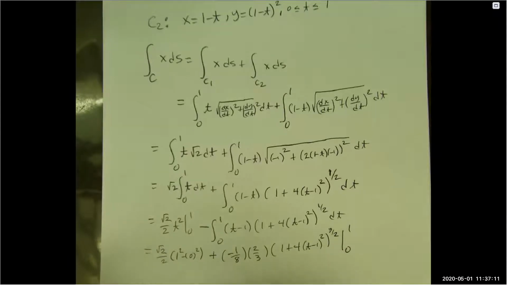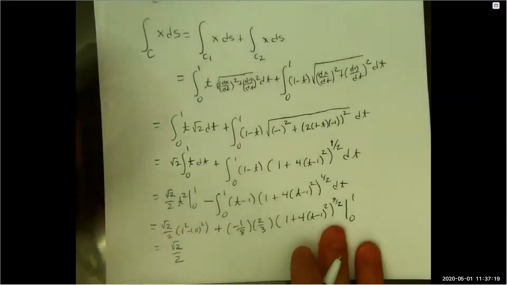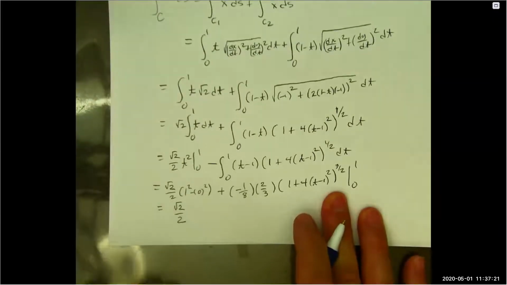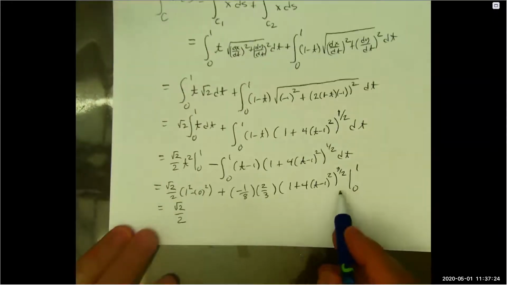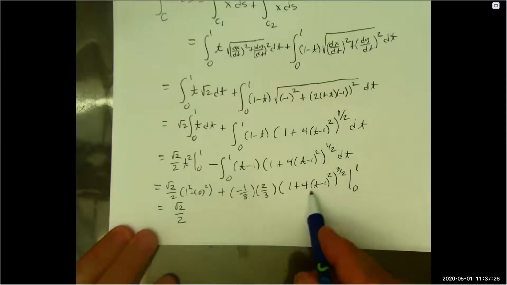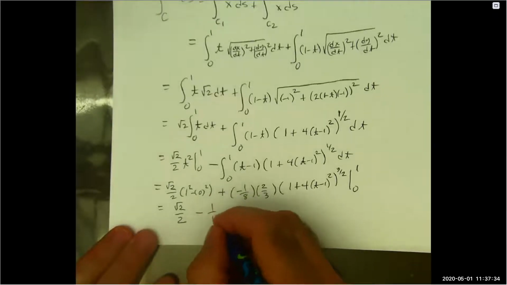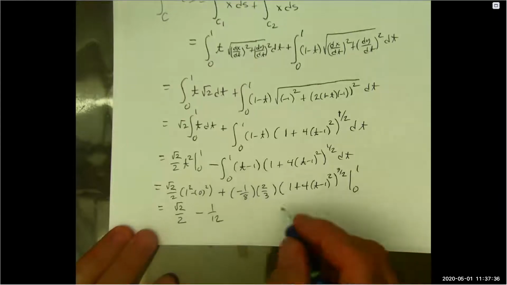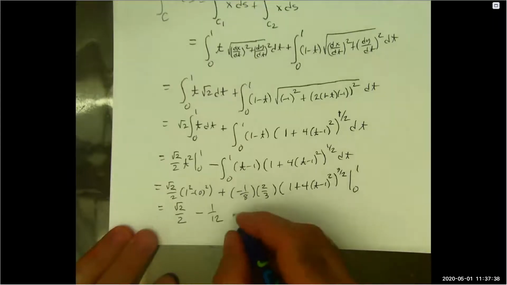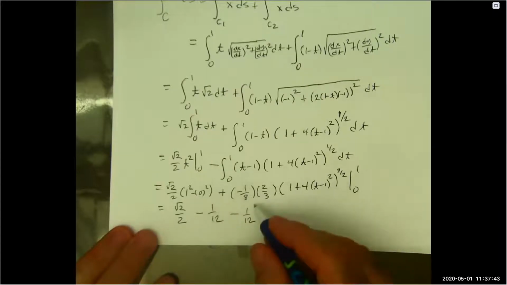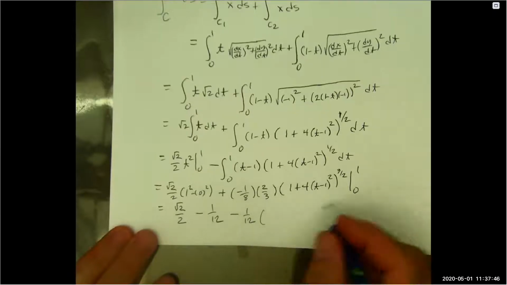All right, so this first one is going to be just equal to root 2 over 2. And then for the other one, when we put in the 1, this part is going to be 0. So you're just going to get minus 1/12, times the other one. We're going to subtract it.